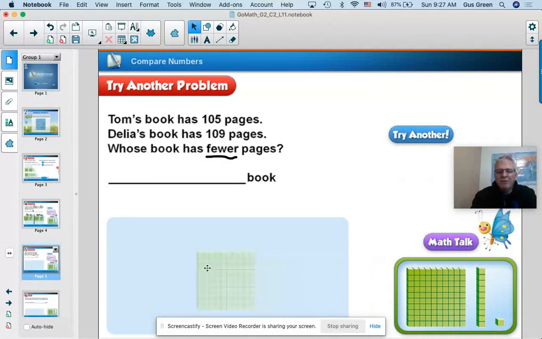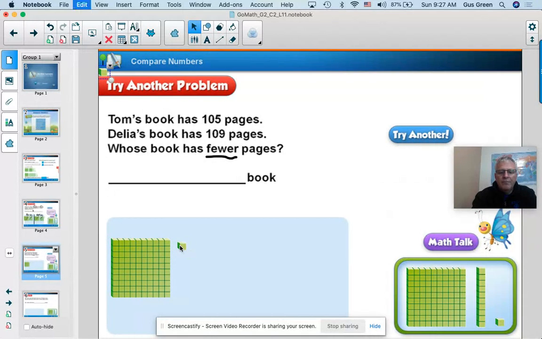Let's do Tom's book first. 105. So I don't need any tens. 100 and 5 ones. And I like to keep my ones nice and organized. 102, 103, 104.